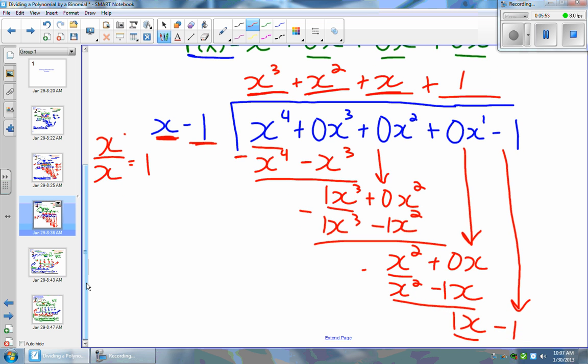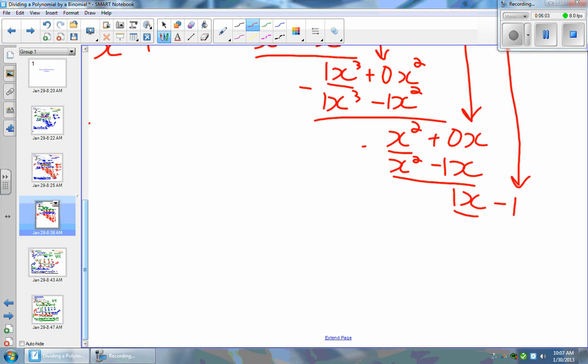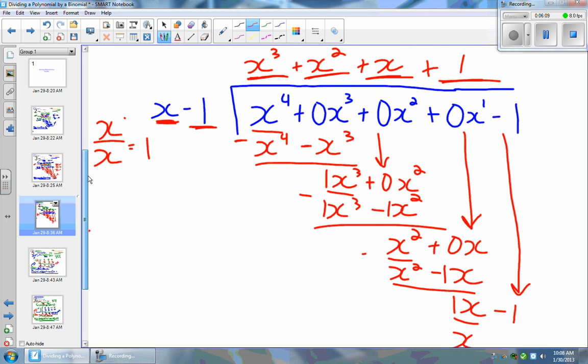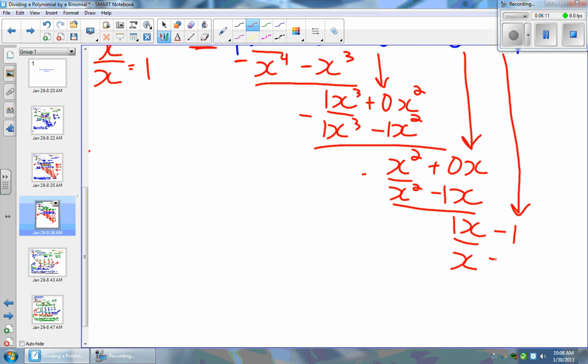So 1 times x gives me an x, and that goes underneath. Sorry, I'm running out of room here. And it's just written like that. And finally, the 1 times the negative 1 gives me a negative 1. So if we subtract these two expressions, we get a 0 as a remainder.